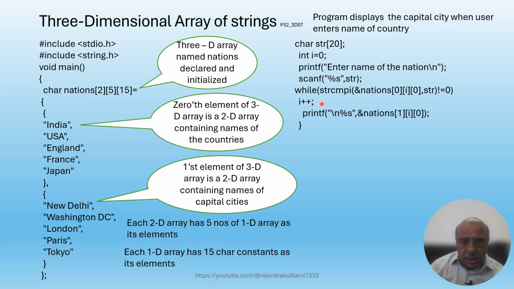maintained throughout the declaration of the array. So when i increments and the while loop terminates, i will contain the index number which corresponds to both the nation's name which we have input and its capital name appearing as an element of the first element of the 3D array.